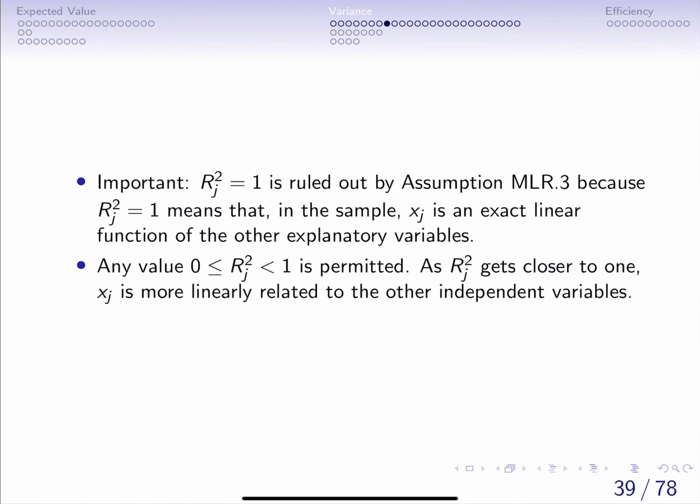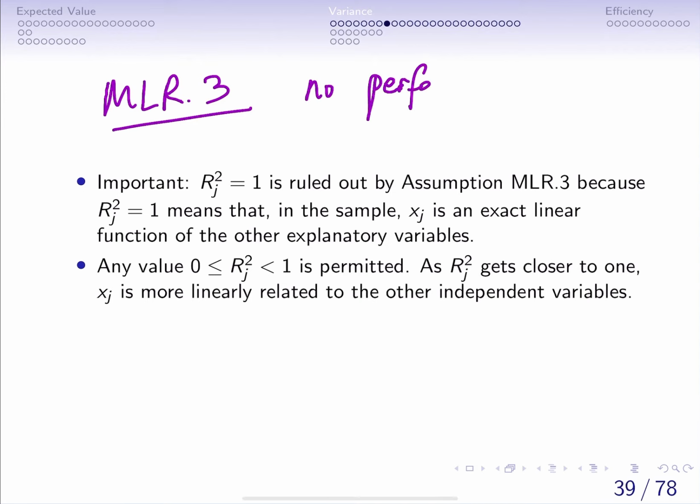Remember that we said in MLR3 that the assumption says there is no perfect collinearity, or no perfect correlation, between our x's. In other words, we can rule out R square j equal to 1.